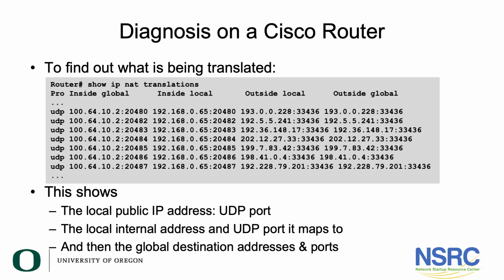In this case, the outside global and outside local won't change. So those are UDP connections. You have the local IP address and the port connecting to the external one, and then the global destination addresses and the ports.